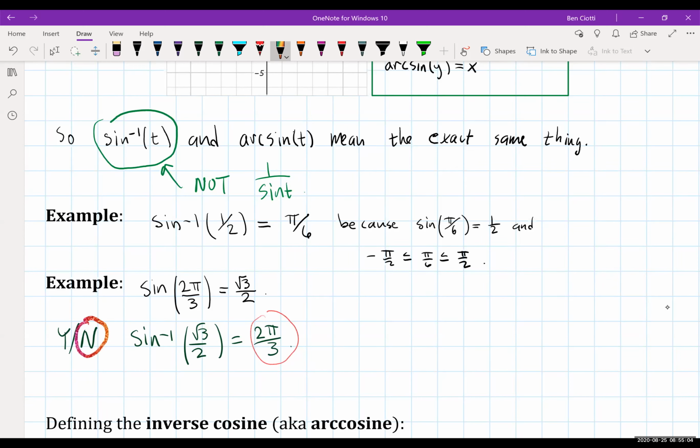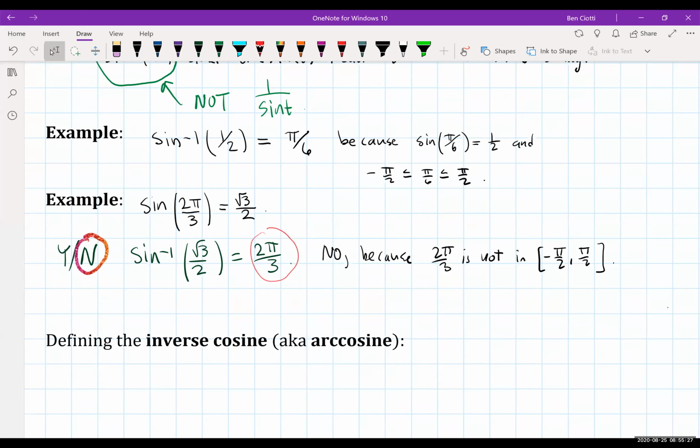So the answer is no. Because 2 pi over 3 is not in the interval negative pi over 2 to pi over 2. Yeah, so that could not be what inverse sine of root 3 over 2 is.